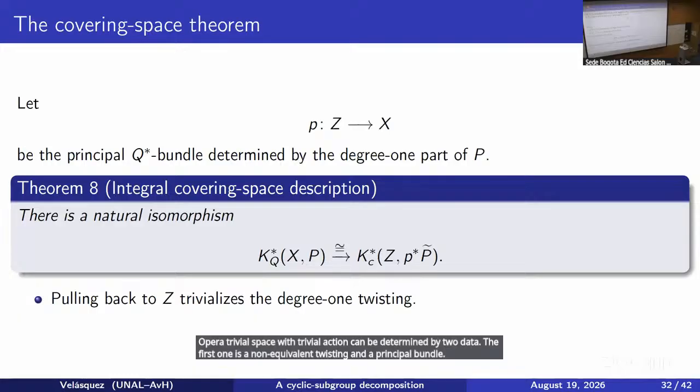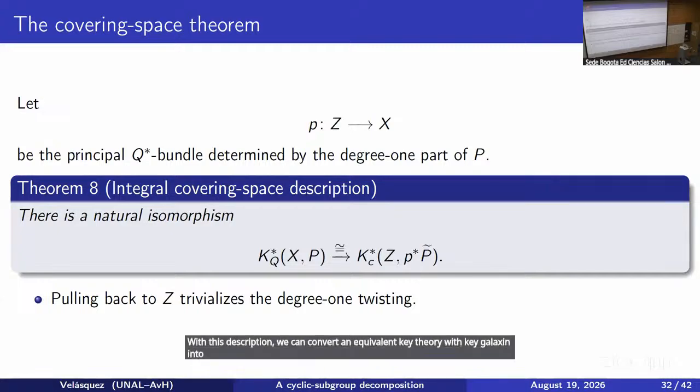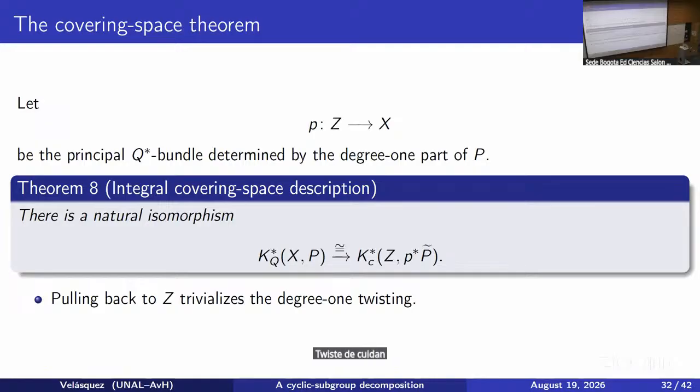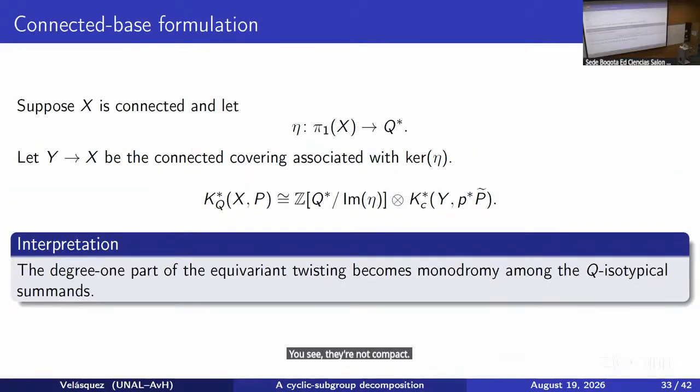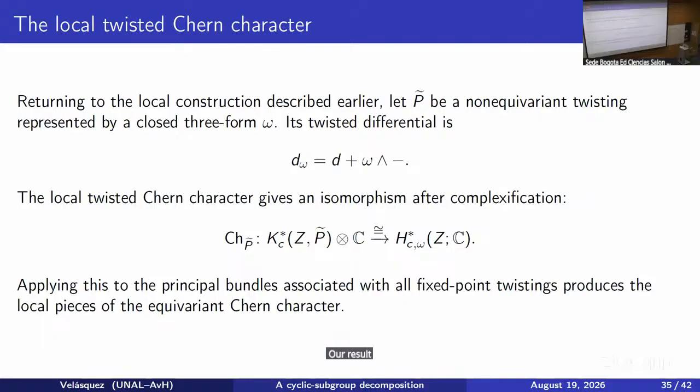And with this description, we can convert an equivariant K-theory with trivial action into a non-equivariant twisted K-theory group, but with compact support. C denotes the compact support. And our result is the following: we have a version of the twisted Chern character.